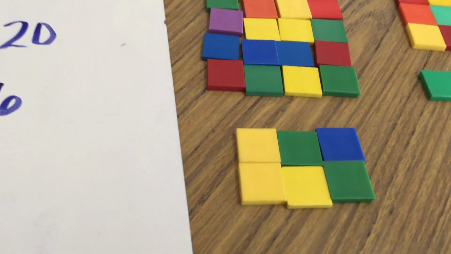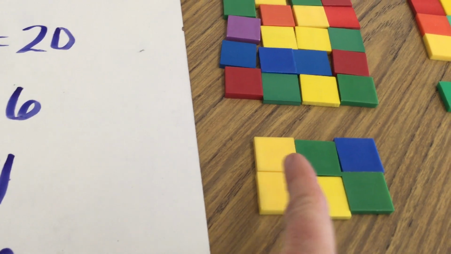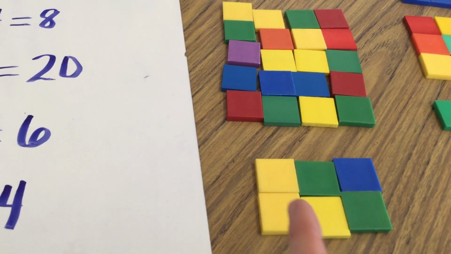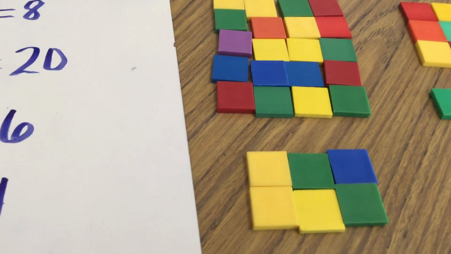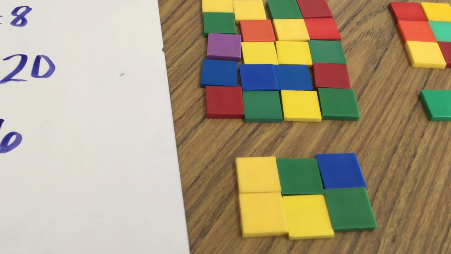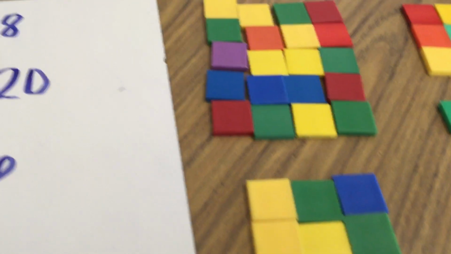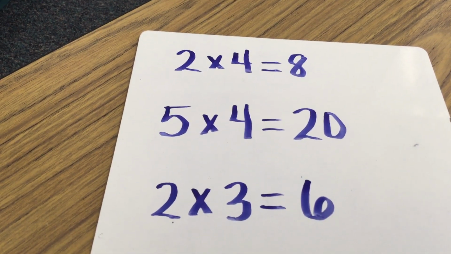Okay, how many rows are there? 1, 2 rows by 1, 2, 3 columns. That's a 2 by 3 array. And if we want to write a number sentence for the number of tiles altogether, we would say it's 2 times 3 equals 6.